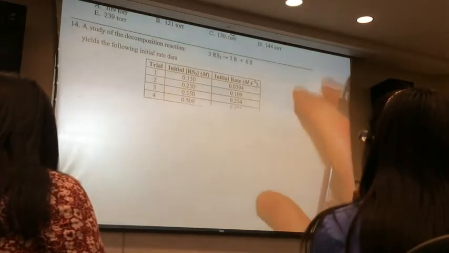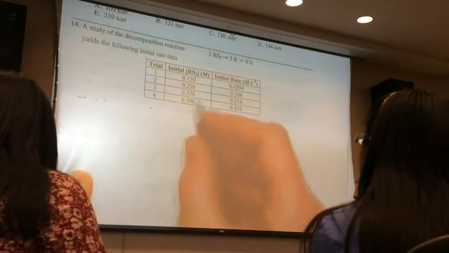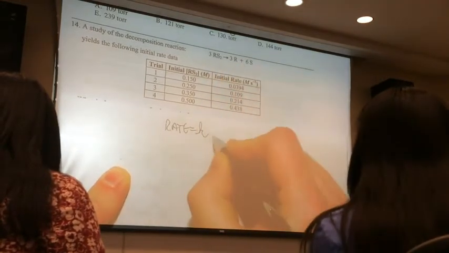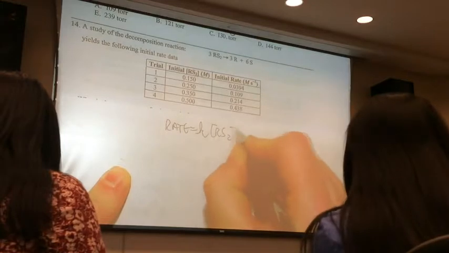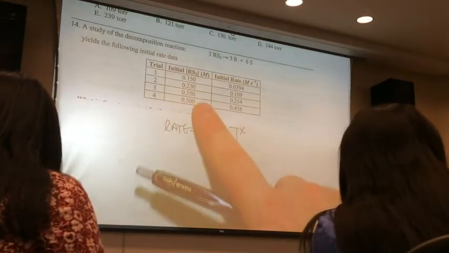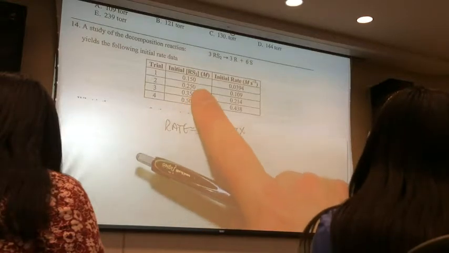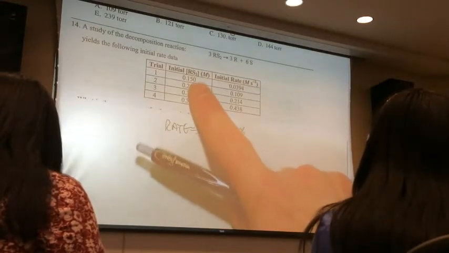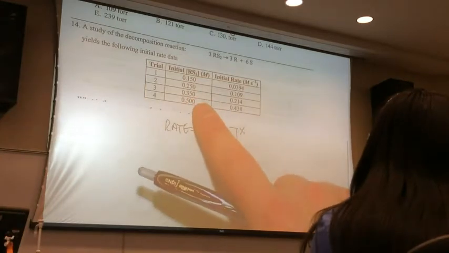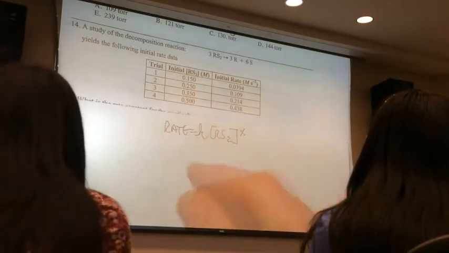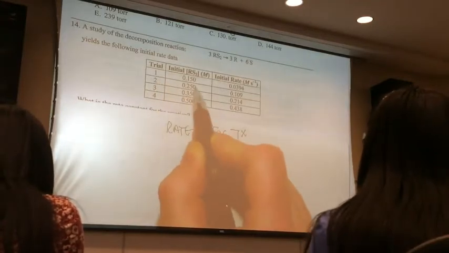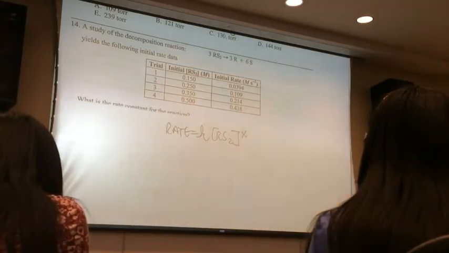So first off, I know that the rate law for this is K times RS squared to some power x, right? Now I look at this. If I go through and you can look at these experiments, everything is changing. But let's see, do we have a nice one? 2 and 4. So if you look at experiment 2 and 4, when I double this concentration, what happens there?